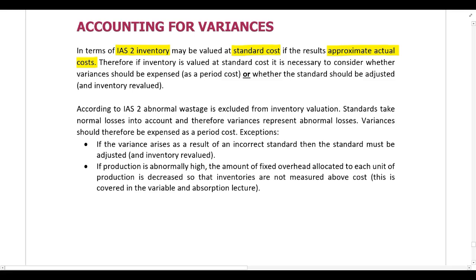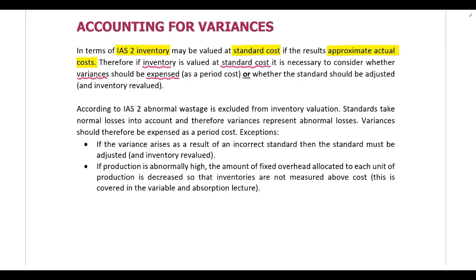So it's important to note, if inventory is valued at standard cost and we have variances, that means the standard cost is not the same as the actual cost. So we need to decide whether those variances are going to be expensed as a period cost. So in other words, are you going to take the variances directly to profit and loss?